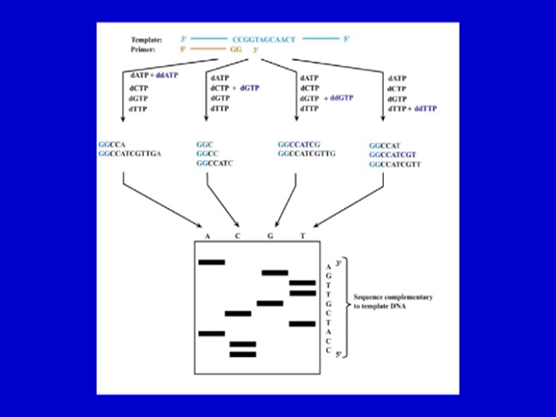dideoxy T. If you run these fragments on a gel, you will get different sized terminated fragments, and as you read from bottom to top, you can make out this particular sequence, which is CCGGCCATCC from 5 prime to 3 prime.